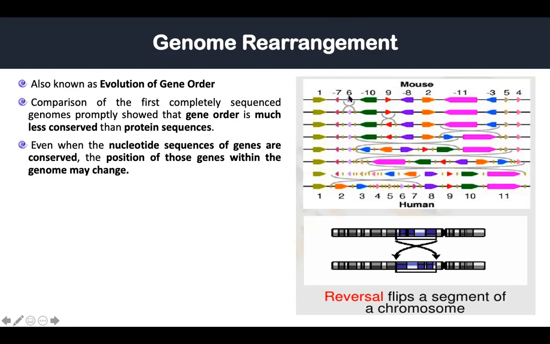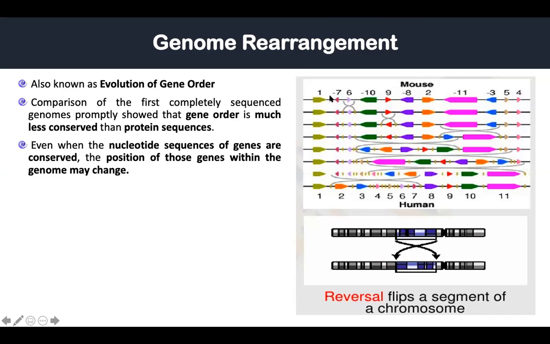Next, in the third position, you have gene 6 for mouse, and in human it is the third gene. In the fourth position, you see gene number 10 in the reverse order. In the fifth position, you see gene number 9 in the same order. So you can see that the sequence itself, the nucleotide sequence or the protein sequence, may be very conserved with very minimal mutations or changes.